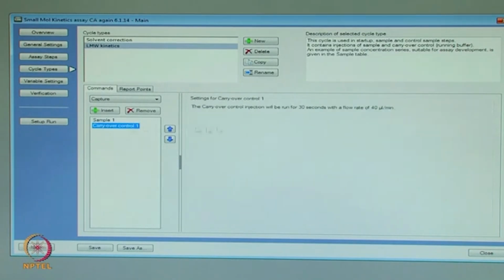Also, there is a carryover control injection which will be given at a flow rate of 40 microliter per minute.